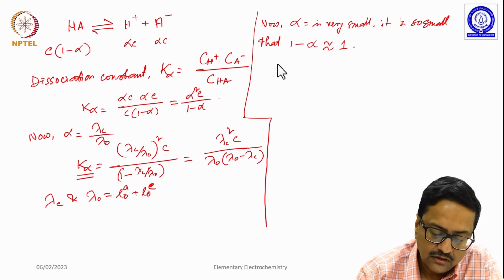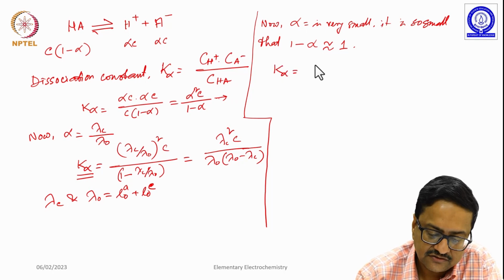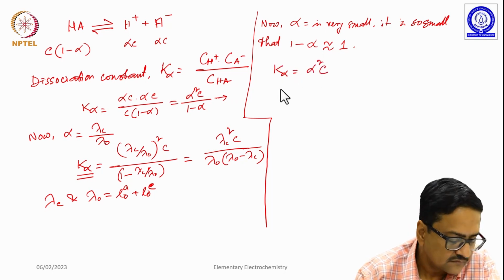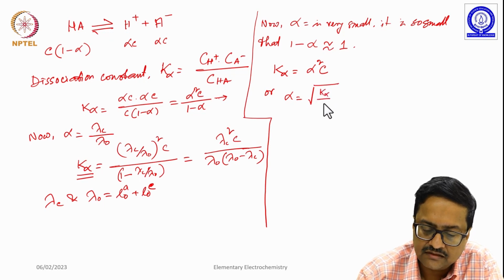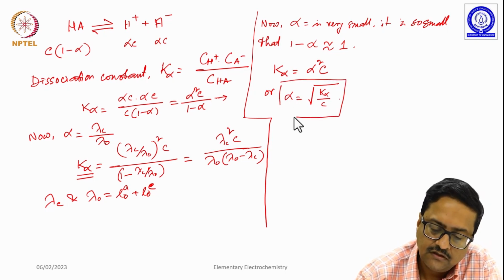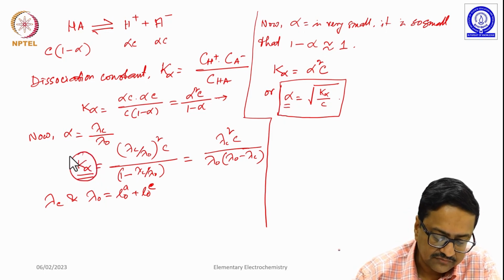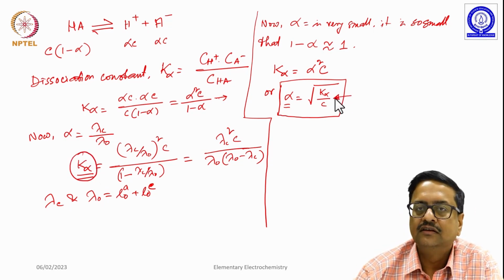So this K alpha can be written as simply alpha squared C, or alpha is nothing but square root of K alpha by C. So one can calculate the value of alpha also, by determining the value of K alpha from here and placing it in this equation as usual, right?